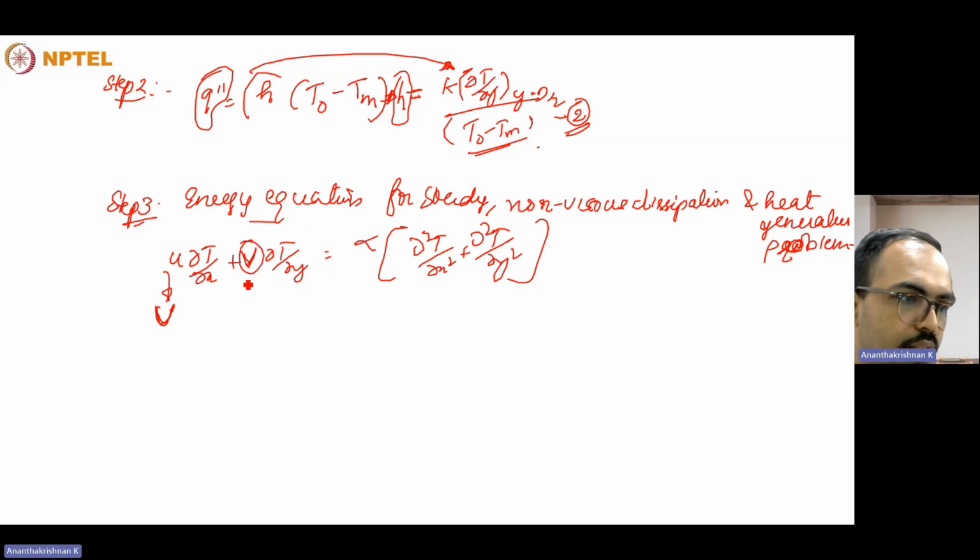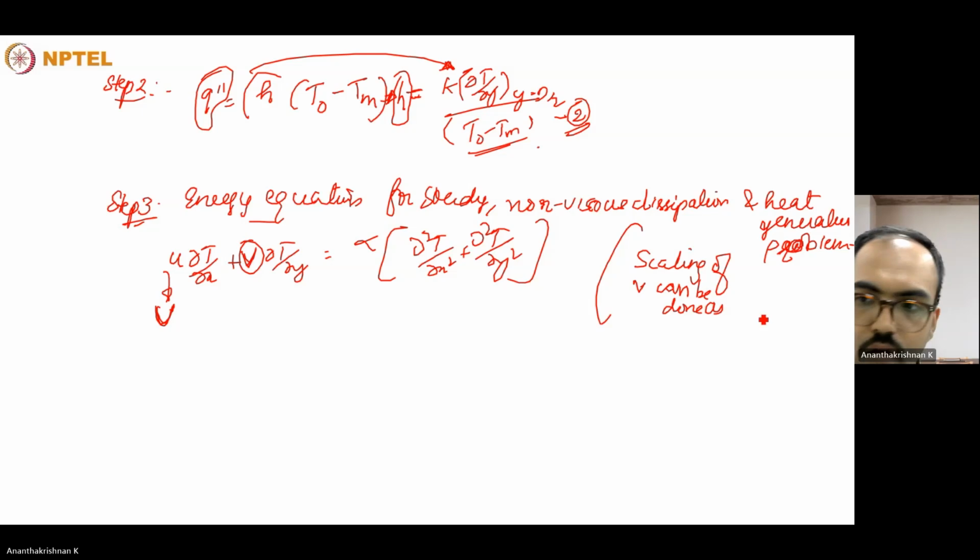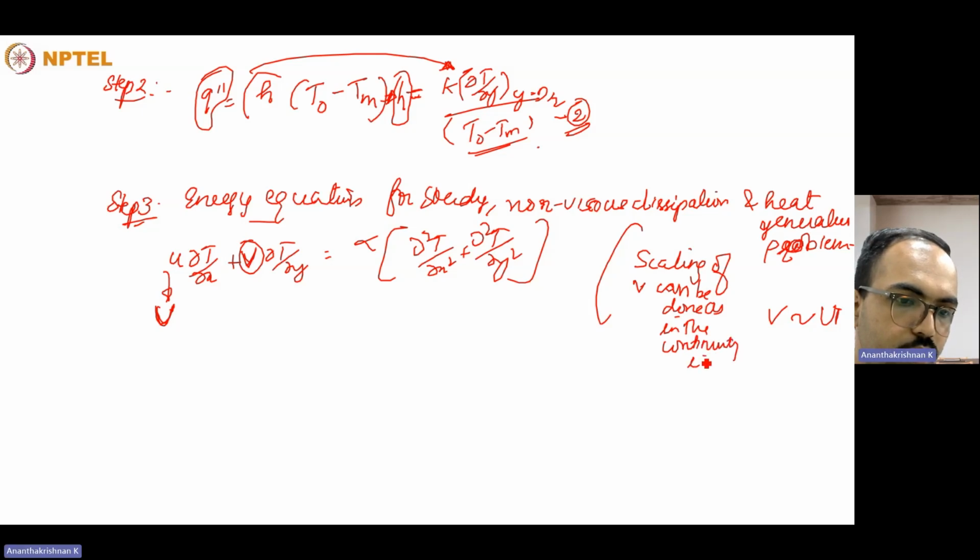But how can we scale V? The scaling of V can be done from the continuity equation, that is, dou U by dou X plus dou V by dou Y equal to 0.